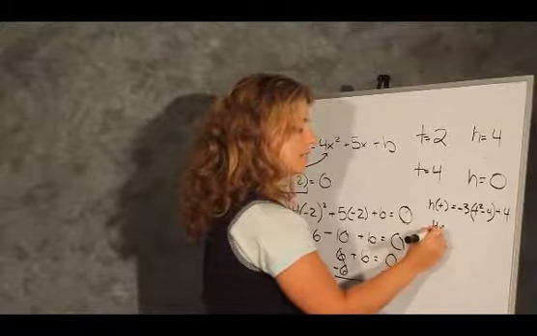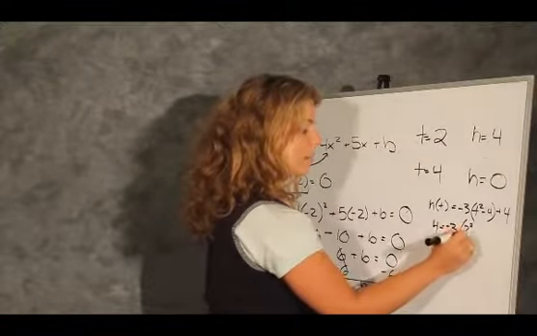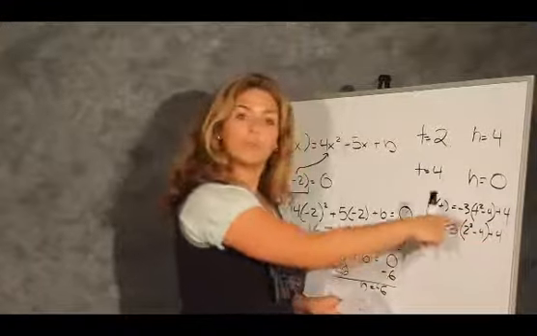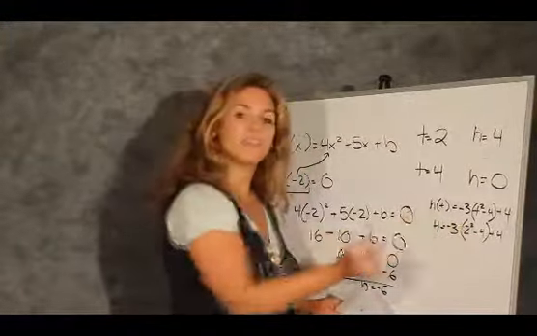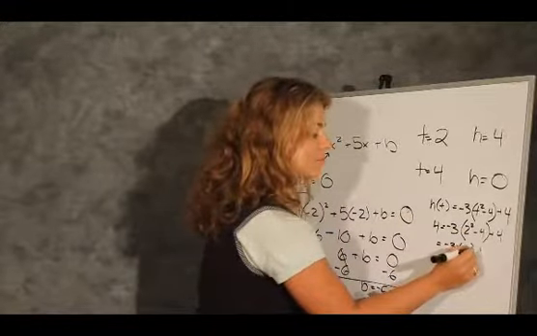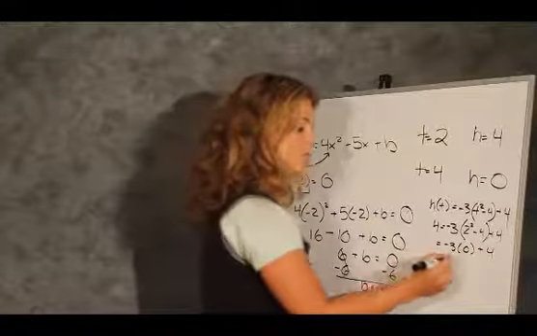So 4 equals -3 times 2 squared minus 4 plus 4. 2 squared is 4, 4 minus 4 is 0, so -3 times 0 is 0, plus 4 is 4.